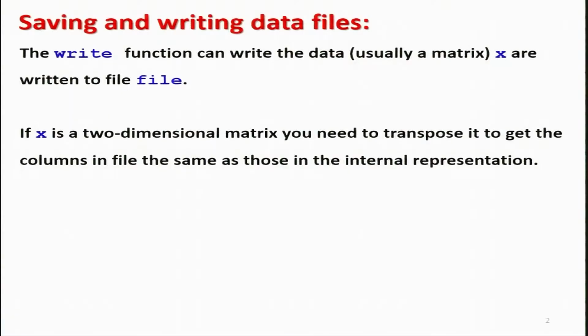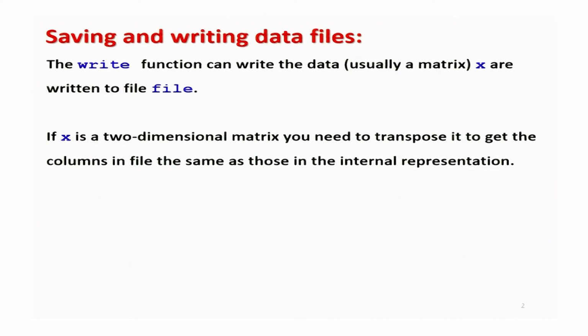Okay, so we have a function here, write, WRITE. So you see, as the name suggests, write, the job of this function is to write the data to a file, right. So if I want to write data which is here X, and I want to write it inside a file, then usually you will see that with this write function the data in X is usually in the form of a matrix, right.